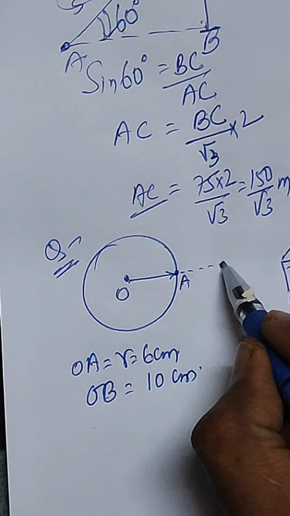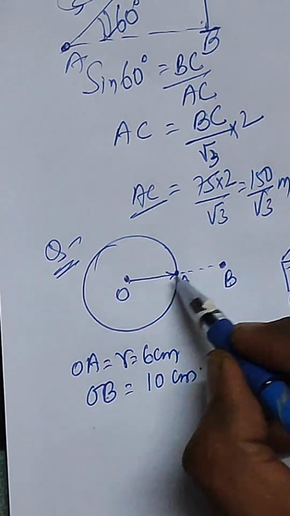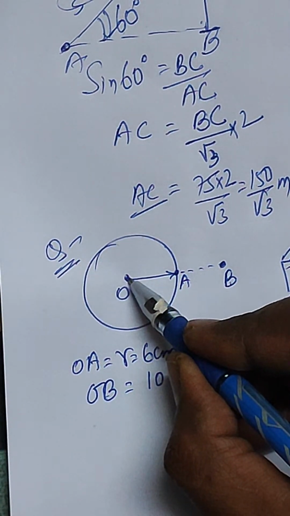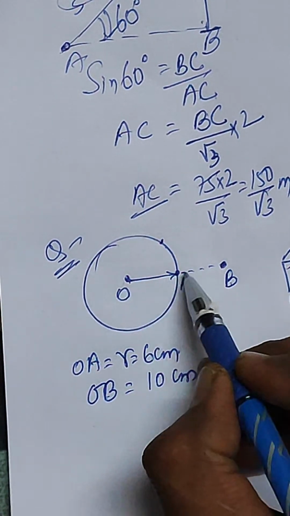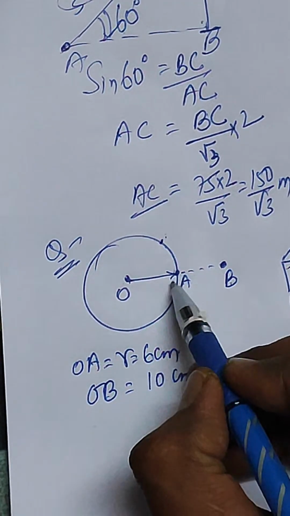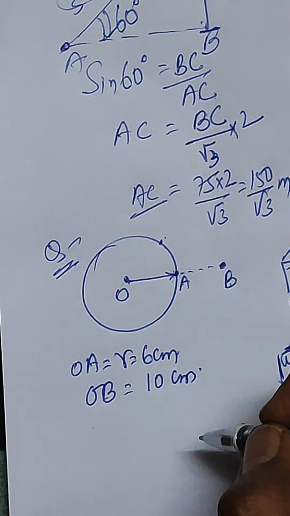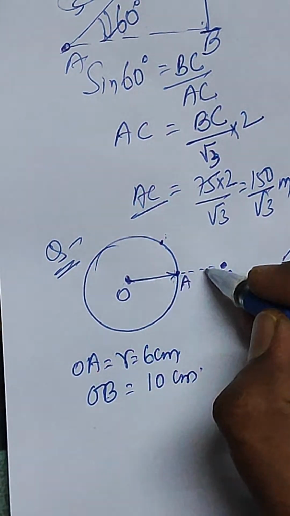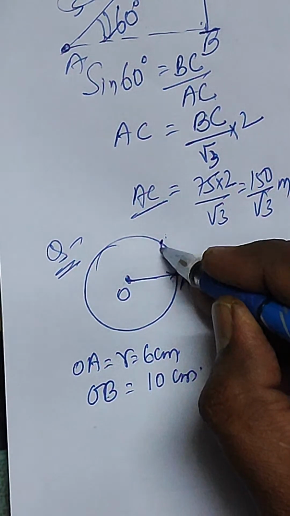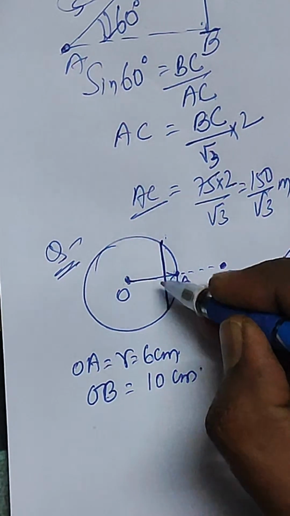So construct the pair of tangents to the circle. So what we can do, we need to just construct a 90-degree over here on the top of this. Okay, so what we can do, we can simply through this line, just draw a perpendicular. Okay, the perpendicular will be like this.